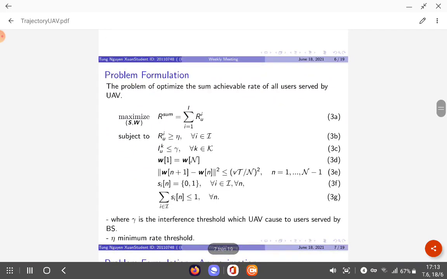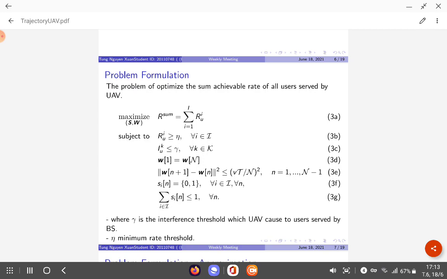So the problem formulation is to maximize the achievable rate with variables of time slot and trajectory W. W represents the coordinates of the UAV.